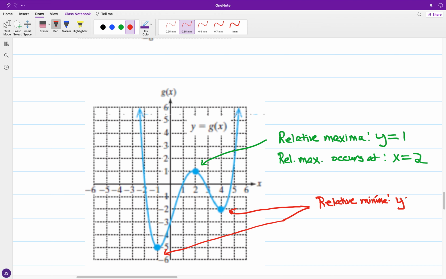It doesn't matter what order you place them, but here, with the relative minimum, you have y at negative 5. That's our bottommost point overall. And we have the other minimum, at y equal to negative 2.